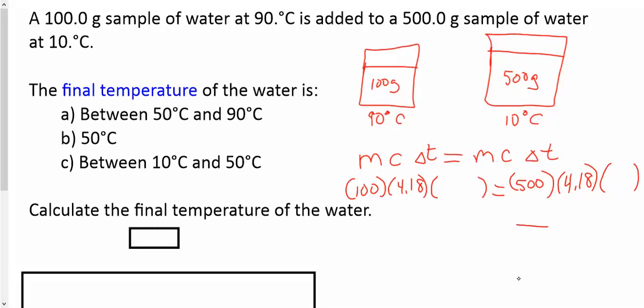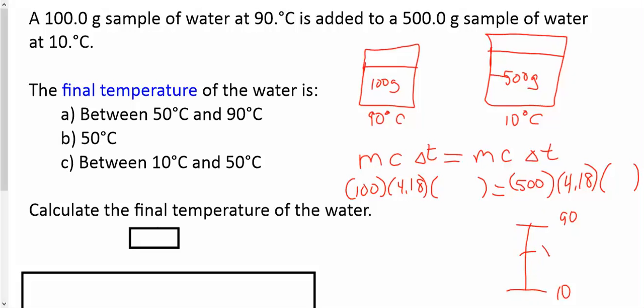Now, to find the delta T, you know that the warm water is at 90 degrees and the cool water is at 10 degrees. So you know when you mix these two samples of water, we'll end up somewhere in between, but we're not sure. The final temperature of both will be the same. So we'll call that T final between the 90 and the 10 somewhere.